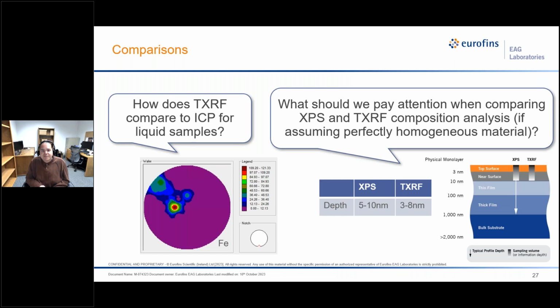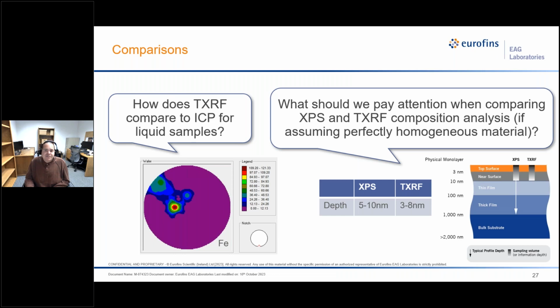Another question asked about what comparisons can be made between XPS and TXRF data for composition analysis. And while both can provide information about contamination, there are a few things to be aware of. Like Greg mentioned earlier, the depth of analysis can have a big impact. XPS has an analysis depth of 5 to 10 nanometers, while TXRF has a depth between 3 to 8 nanometers.